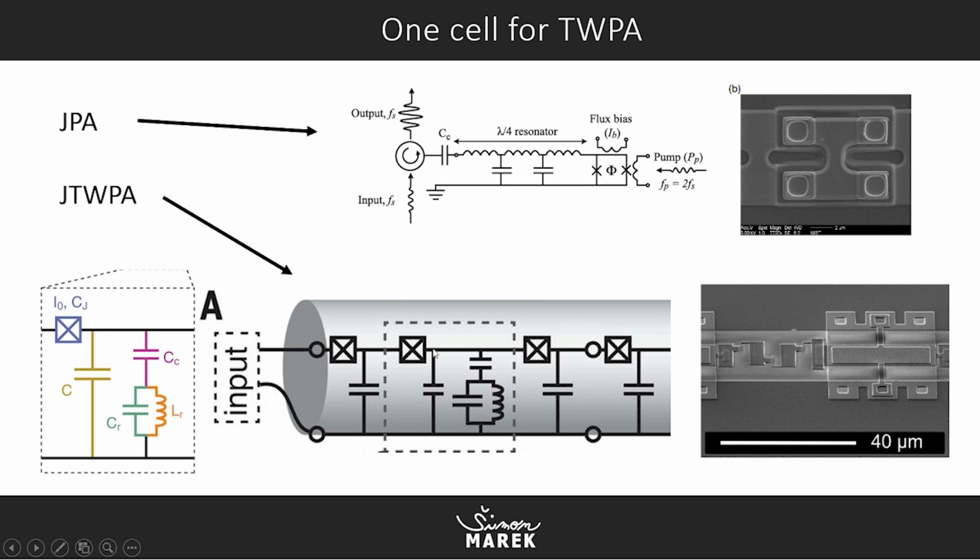So this is one cell, and you can see the zoomed fabrication cell here. So you will have thousands of these. So it's way more complicated, and you can adjust frequency by tuning the current of the Josephson junction and parameters of these elements.